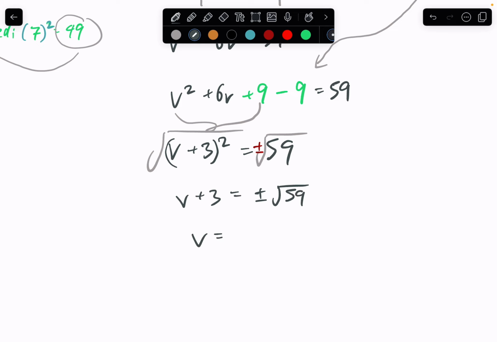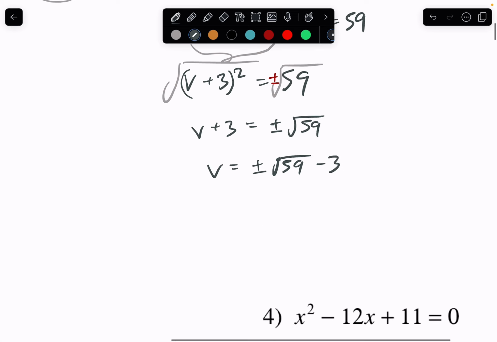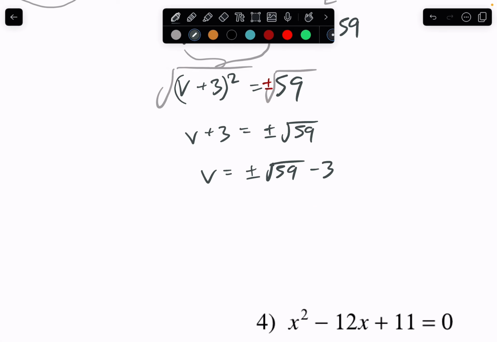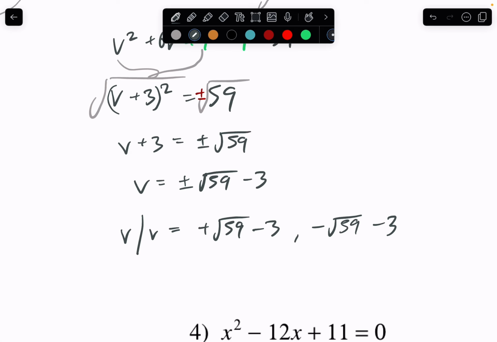Then we transpose 3 to the right side. We get this. I suppose the answer could be written as positive square root of 59 minus 3, negative square root of 59 minus 3. Let me just confirm with the answer key. Actually, we can still simplify the square root of 59.